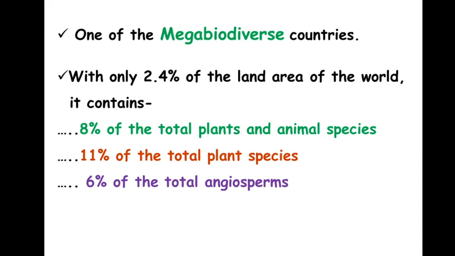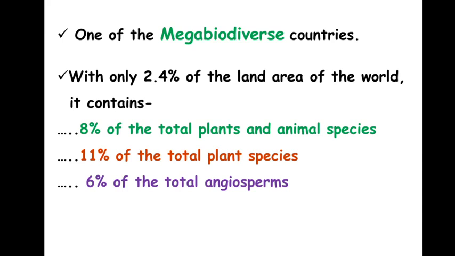Now, the first important point I wanted to highlight here is that India is one of those mega biodiversity countries. This concept of mega biodiversity countries was first proposed by a very prestigious environmental NGO based in the USA, called Conservation International.